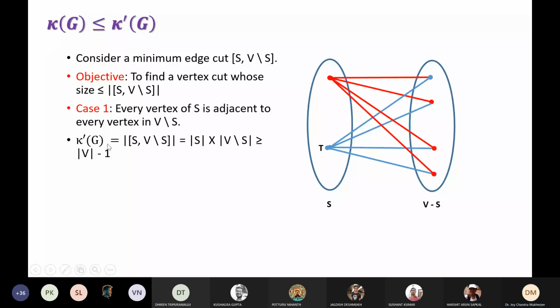So chi prime G will be mod S into mod V minus S. Now, what is the minimum value of this possible? The minimum is reached when either mod S or mod V minus S is 1. So it must be greater than or equal to V minus 1.